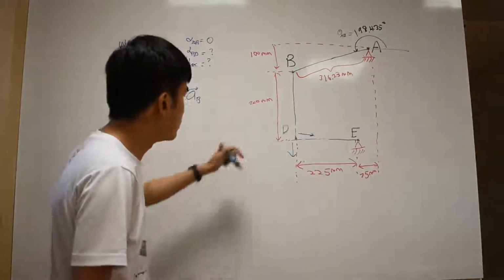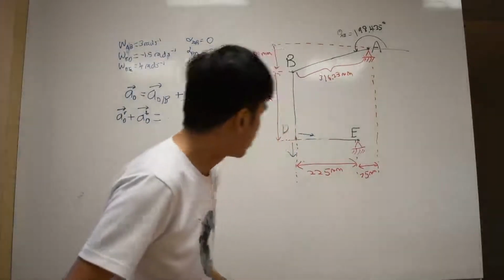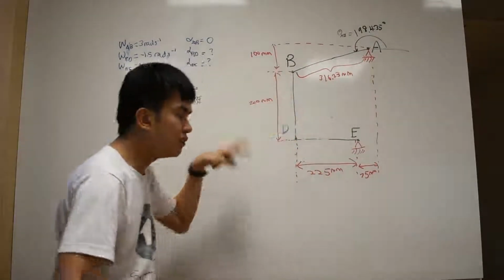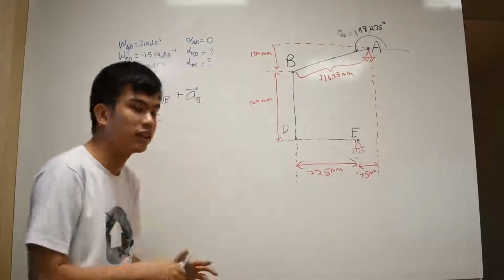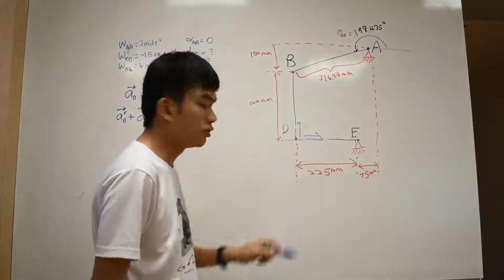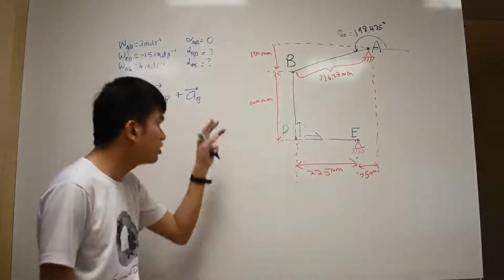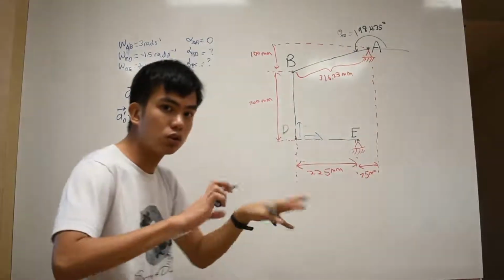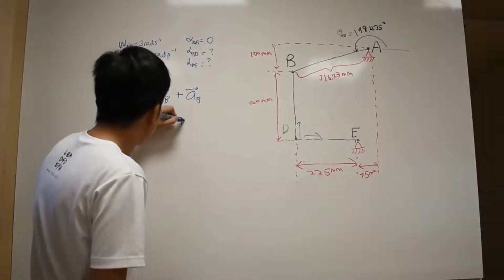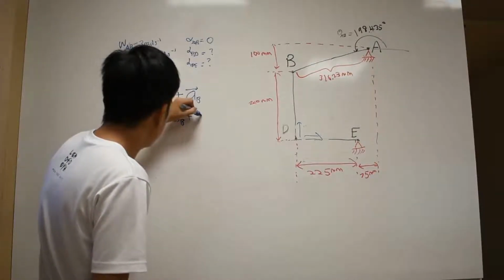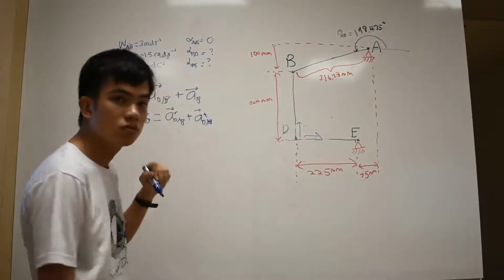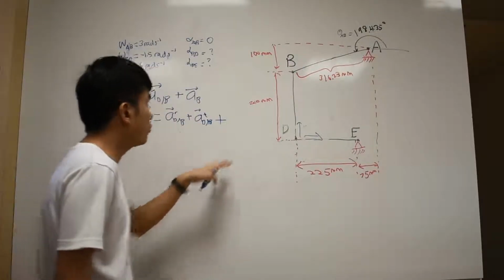In B's perspective, D has centripetal acceleration and tangential acceleration, because D is registering a circular motion around B. So that is the cool thing to do. So you can see that the acceleration of D with respect to B also has a radial acceleration plus a tangential acceleration. How about the acceleration of B?